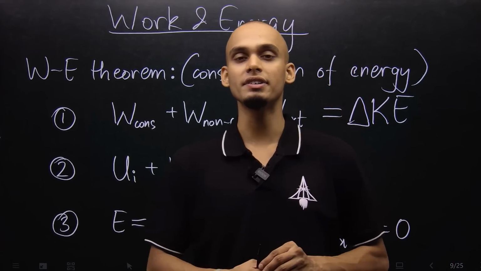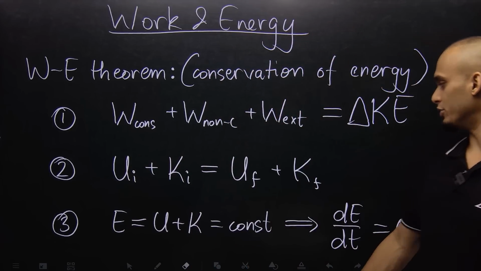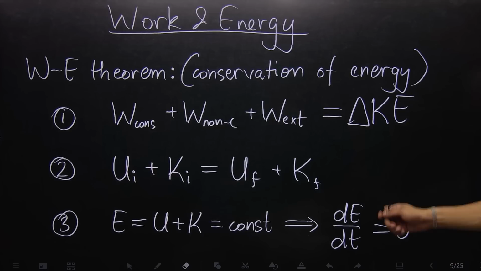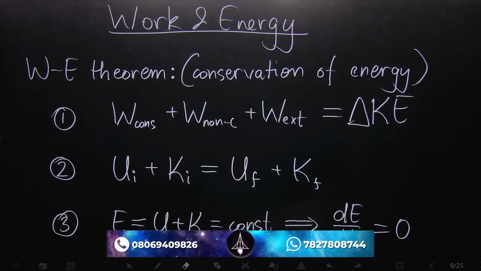You can solve very complicated problems in just a few steps by using this form. Particularly in the chapter waves and SHM, this form has a lot more applications as compared to other chapters. So make sure you know all the 3 statements of work energy theorem, but you can use any statement, they all are equivalent.